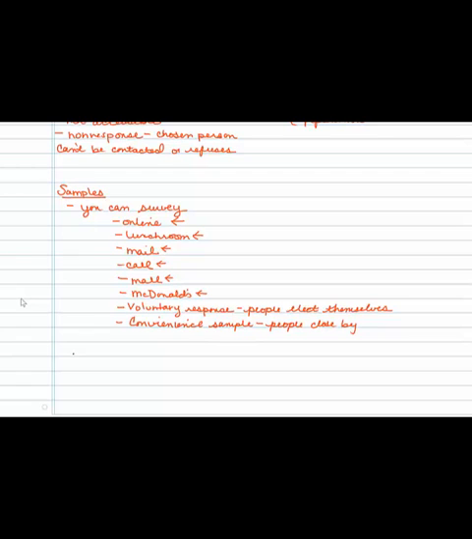So that's another thing that we're going to be talking about, what makes a good study and what makes a really biased study. So a bias, meaning that you're kind of leaning one way already.